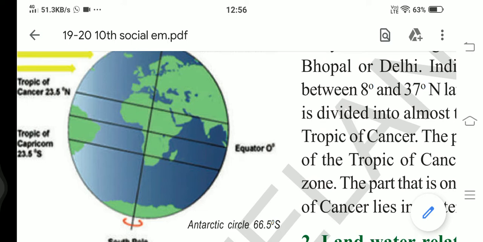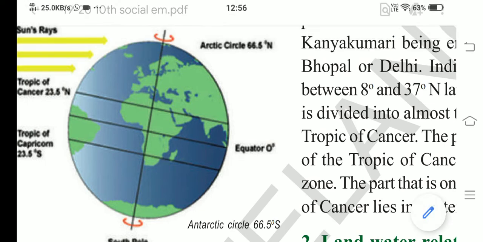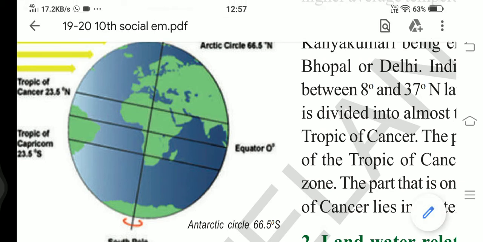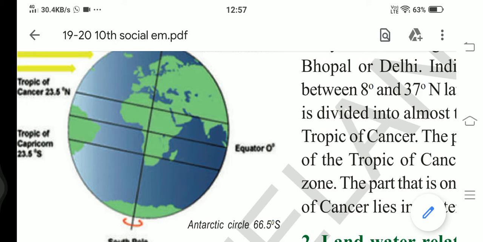So from September 23rd on the equator, September, October, November, December, on December 22nd it is at the Tropic of Capricorn. So sun rays fall vertically in the southern hemisphere. So here in southern India, there will be high temperatures.